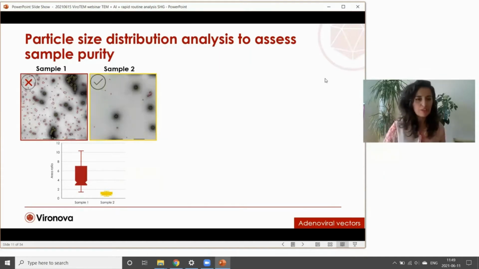Sample 2 is the pure sample. So here is a really good way to visually show this, and also to get the quantitative data out of it, to get statistics and to be able to plot this as, let's say, an area ratio of debris in one sample versus another. So this is a really good purity measurement, measuring those very, very small debris particles that can be quite hard to detect in other analyses because they're just too small.